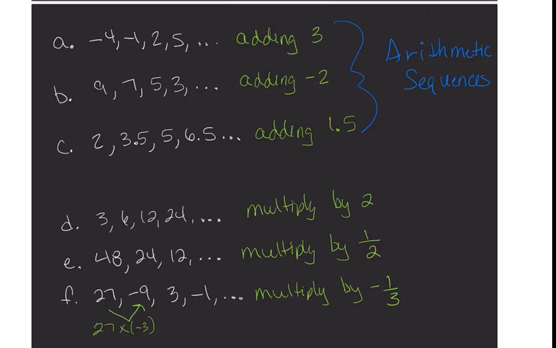And these three, where you are multiplying, are referred to as geometric sequences. Isn't that just neat?